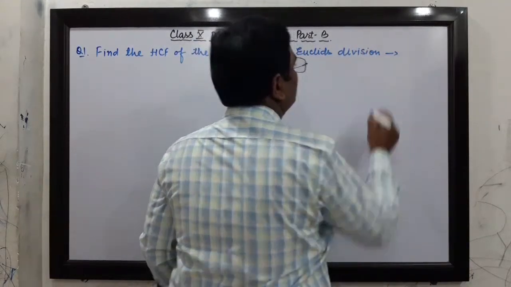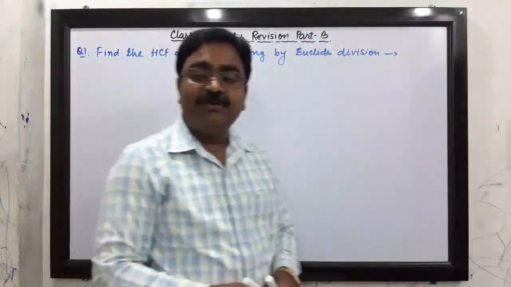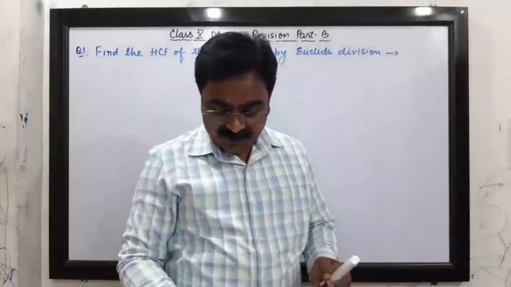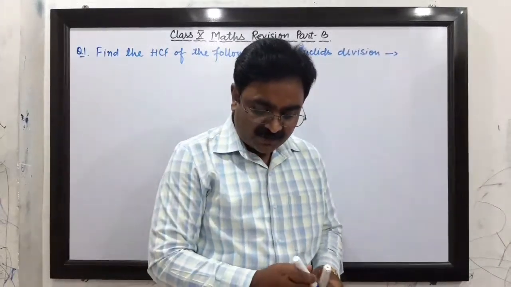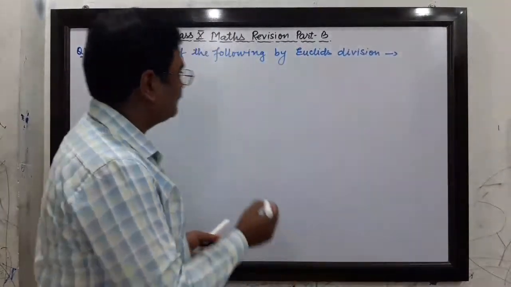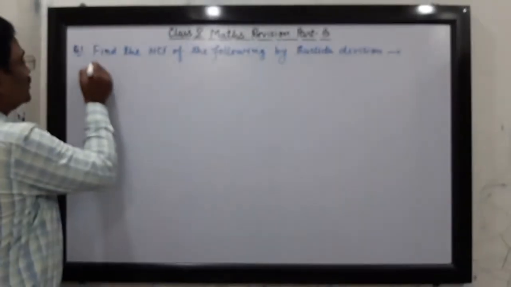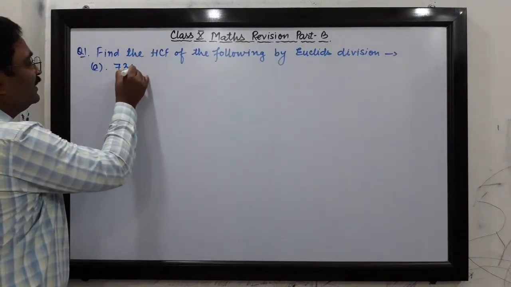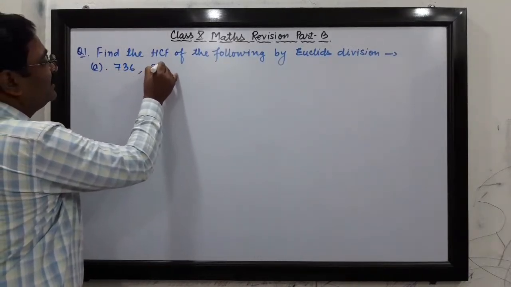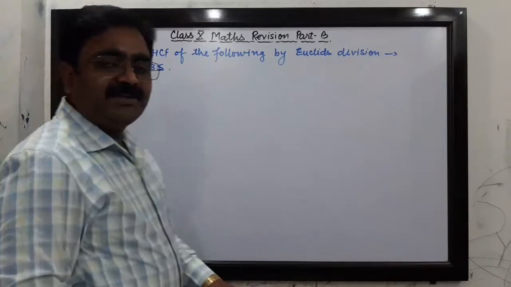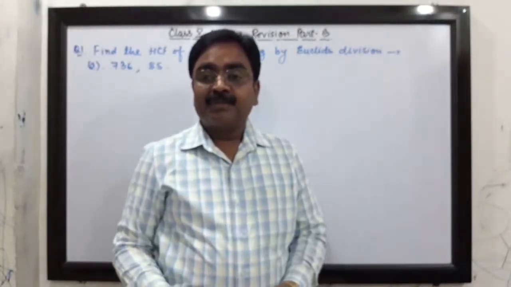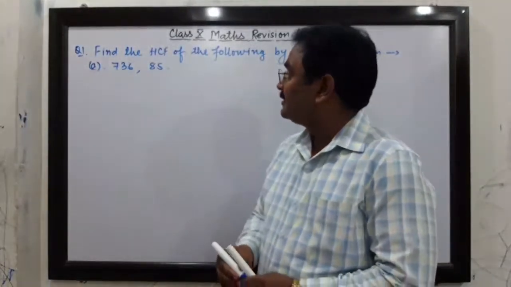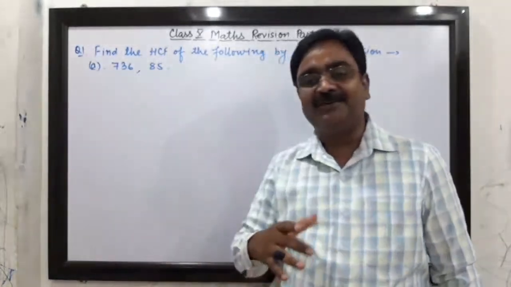Right friends? With this method we are going to find out the HCF of these two given numbers. First part is 736 and 85.